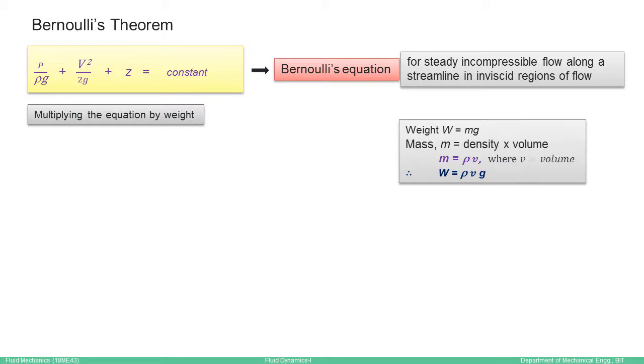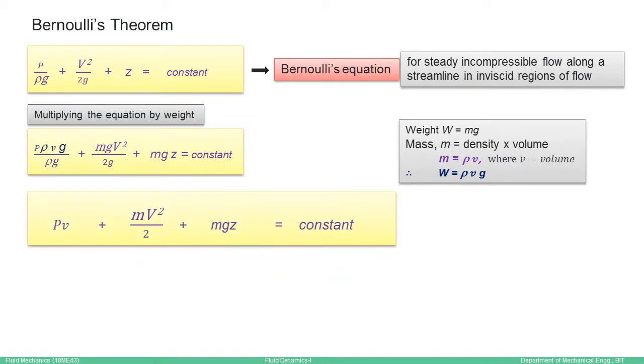So if you consider volume as V, we can obtain weight W equal to rho into V into g. Substituting this in the equation, we finally get P into V, remember, this V is volume and not velocity, plus half m v square plus m g z is equal to constant.